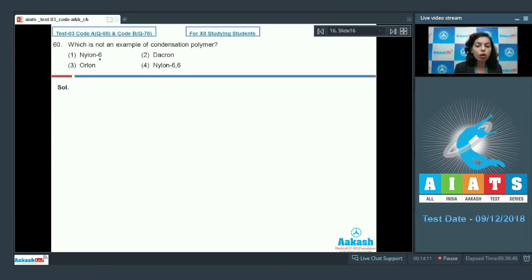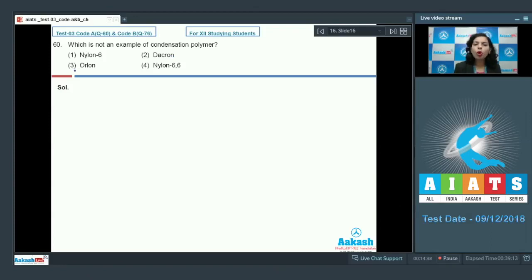Now if you look at nylon 6, this is the polymer of caprolactam and this is a condensation polymer. Further we have Dacron, that's a polyester, and it has the monomeric units ethylene glycol and terephthalic acid, and it is also a condensation polymer.